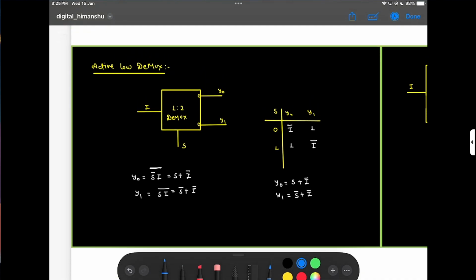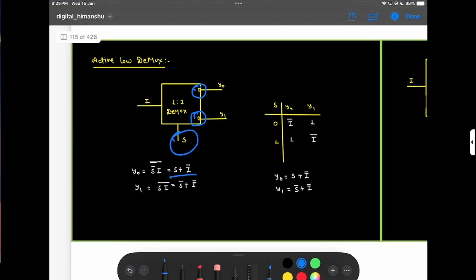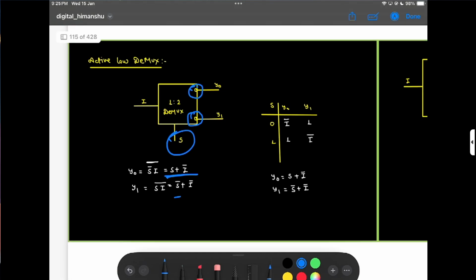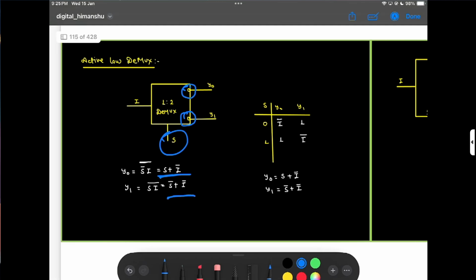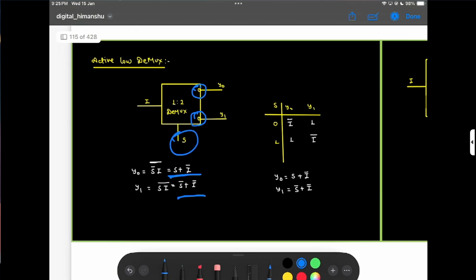Active low demux. Here it is my active low demux, and that is how this circuit will operate. This is my NOT gate output, and this is my active low output, S plus I bar, S bar plus I. So this is my active low type of demux.